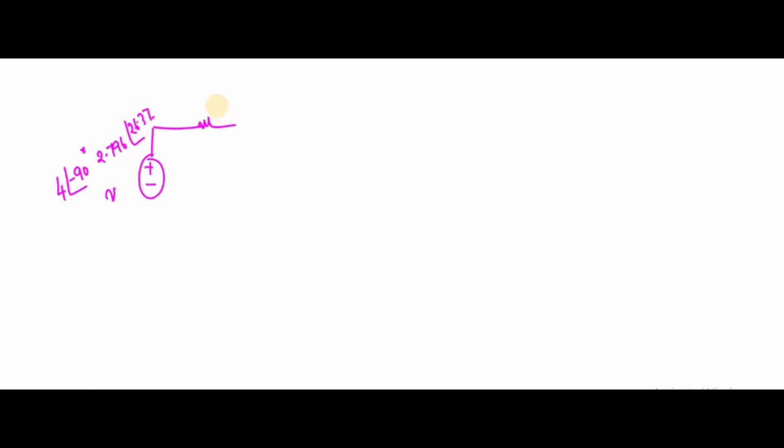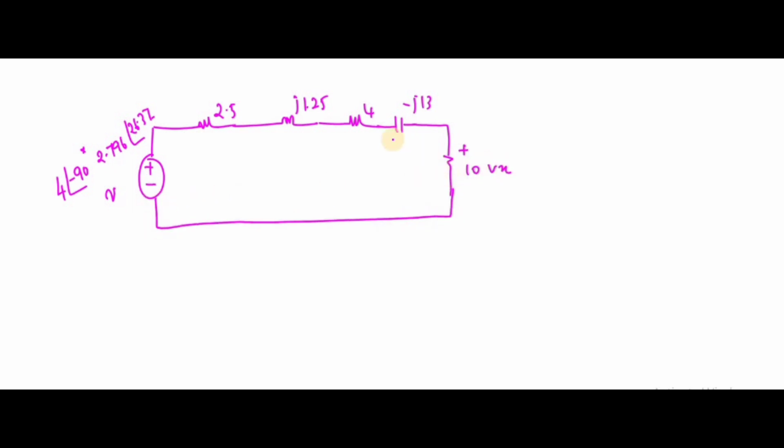That is 2.5 plus J1.25, a 4 ohm resistor, minus J13, that is the capacitor value, and this is 10. Here only we need to find the value of Vx. You can see 4 and 2.5 are in series, so I can write it as 6.5.